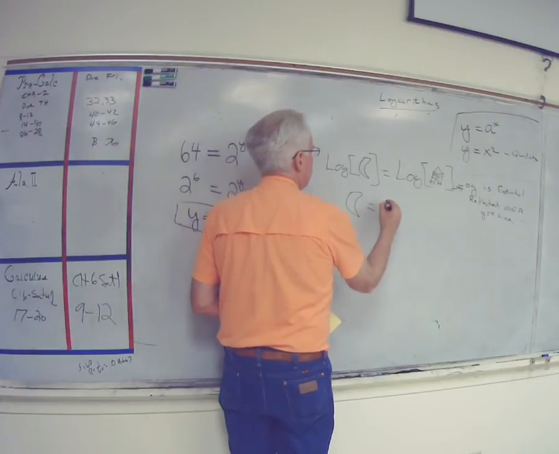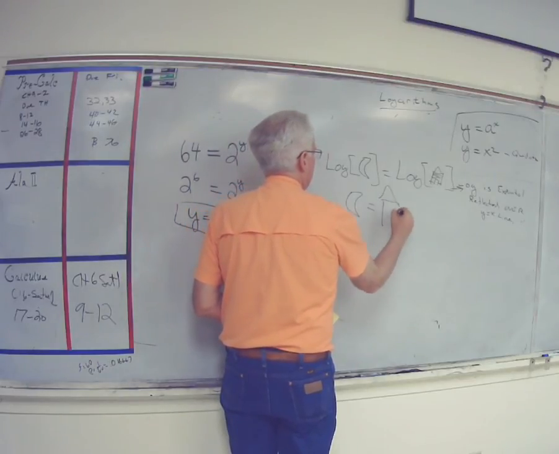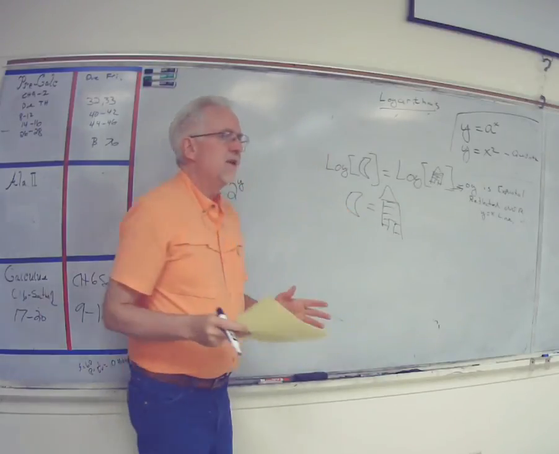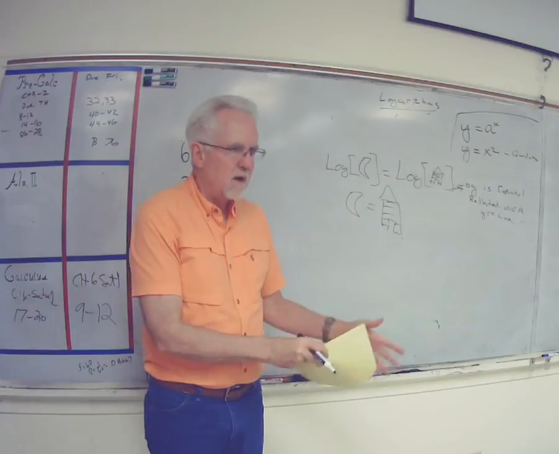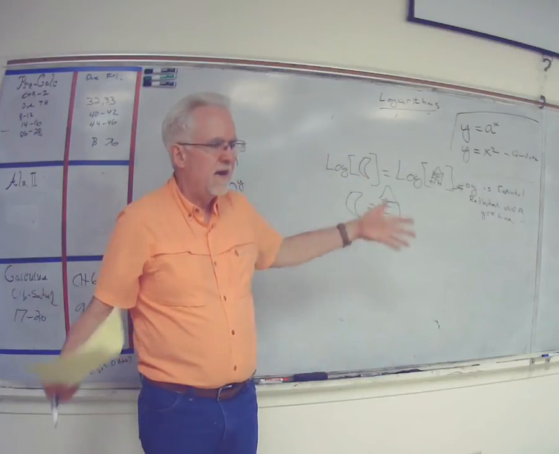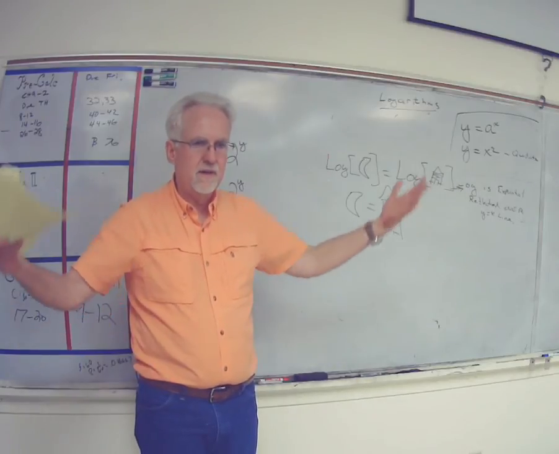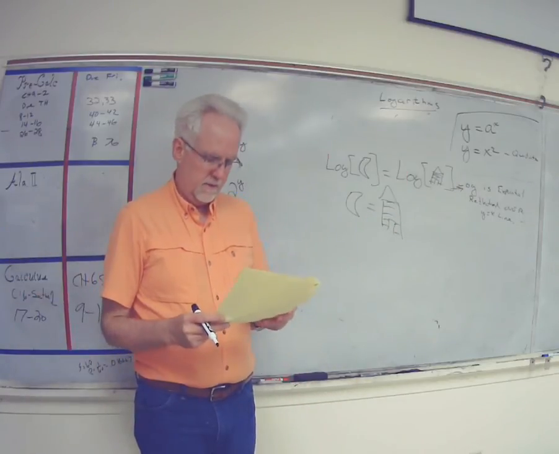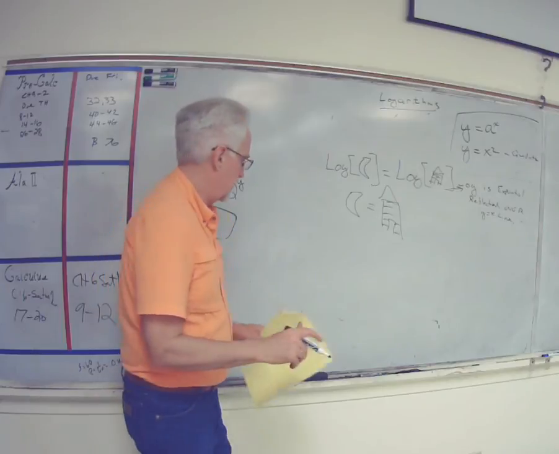Banana equals log cabin. When you're adding log of something plus log of something equals log of something, you can't drop them off. But if it's just one log of everything equals one log of everything, then you can take the logs off. Does that make sense? Okay.